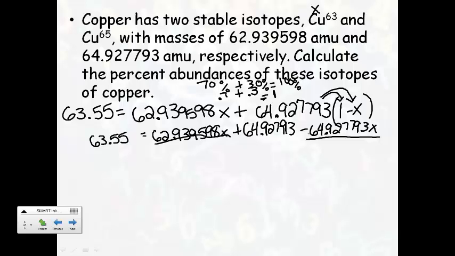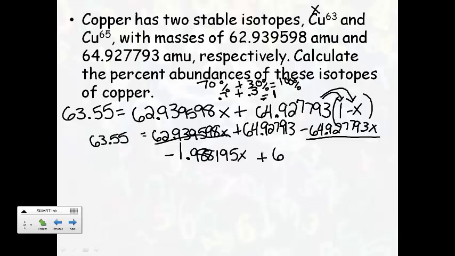So let me plug that in the calculator. So we got 62.939598 minus 64.927793X. All right, so that gives us negative 1.988195X.